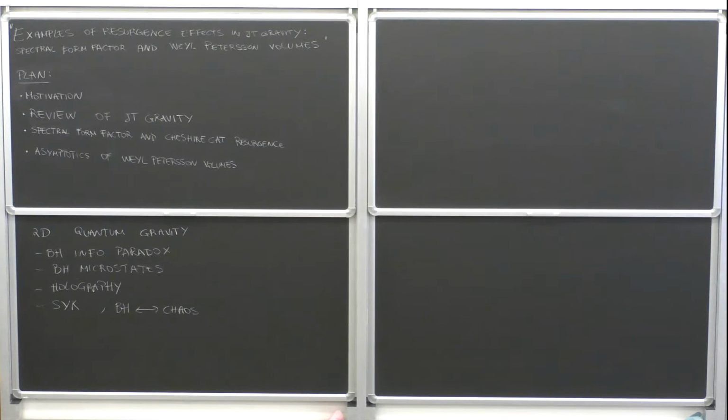So we can also try to understand something about these objects by studying JT gravity and try to learn something, indeed, about higher-dimensional black holes. There are probably many other reasons to further investigate these theories, but for the sake of time management, let me stop here.